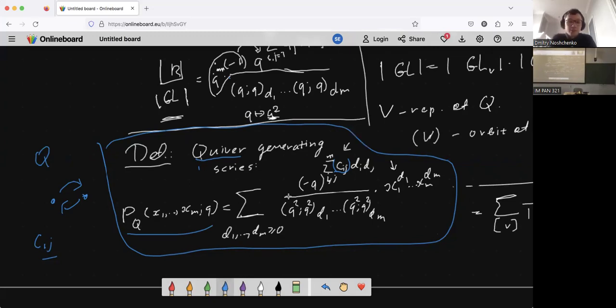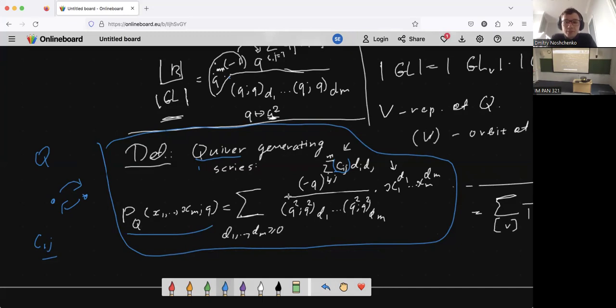Of course, it's not the only way that we can define a quiver generating series. It also bears the name motivic generating series, but I would not say much about why it is motivic. The name comes from the Lefschetz motif, but there is a slightly more general derivation of the series.